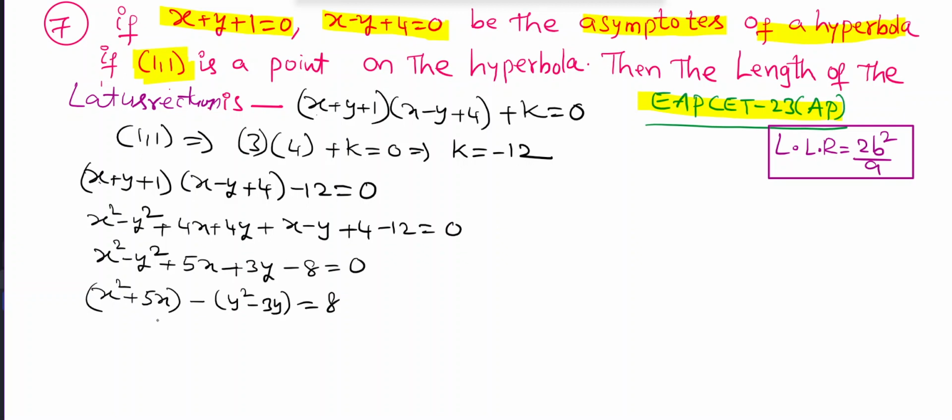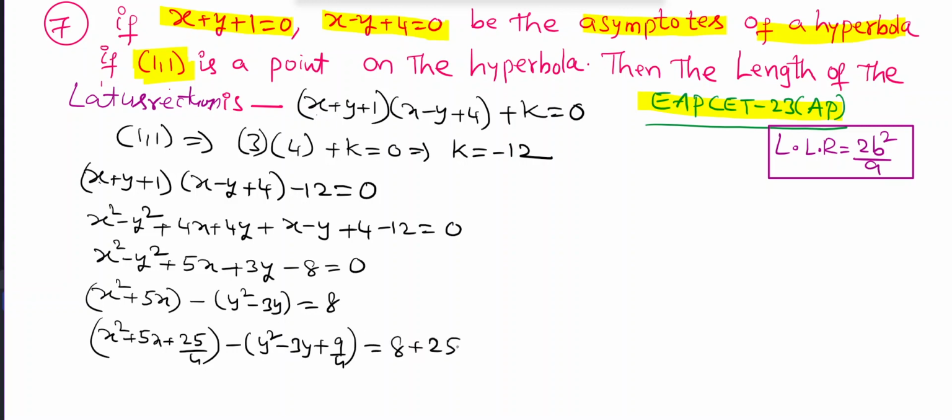Now this is converting into a plus b whole square. That is x square plus 5x, adding 25 by 4, minus y square, this is minus 3y plus 9 by 4, here it is 3 by 2 squared, 9 by 4, is equal to 8 plus 25 by 4 minus 9 by 4.